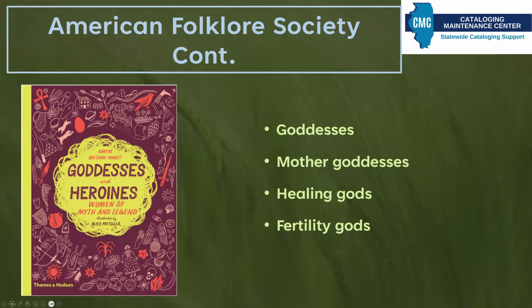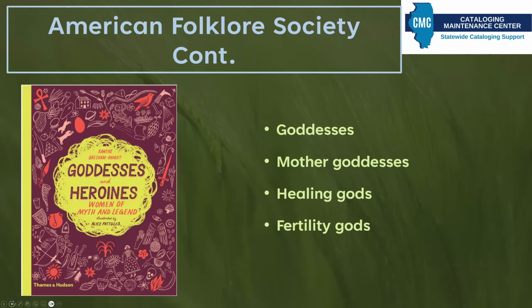Our example we're going to use is a book by Xanth Gresham Knight, Goddesses and Heroines: Women of Myth and Legend. While this book could be categorized just using women and goddesses, there are different kinds of goddesses in this book as well.